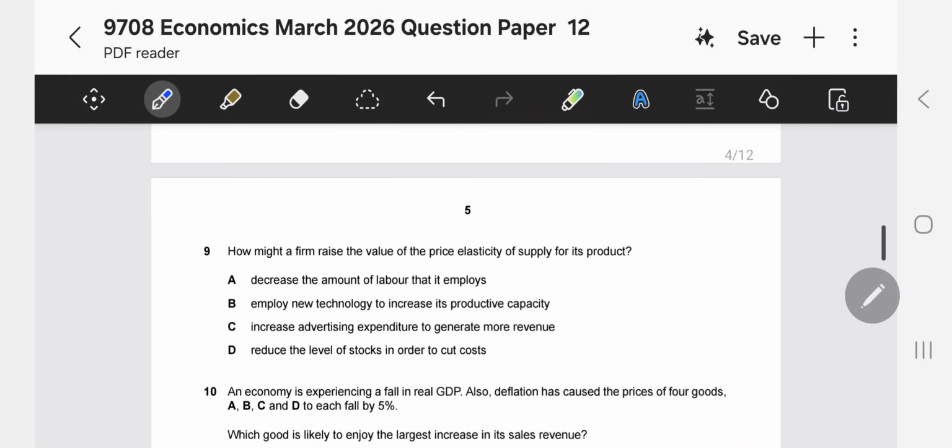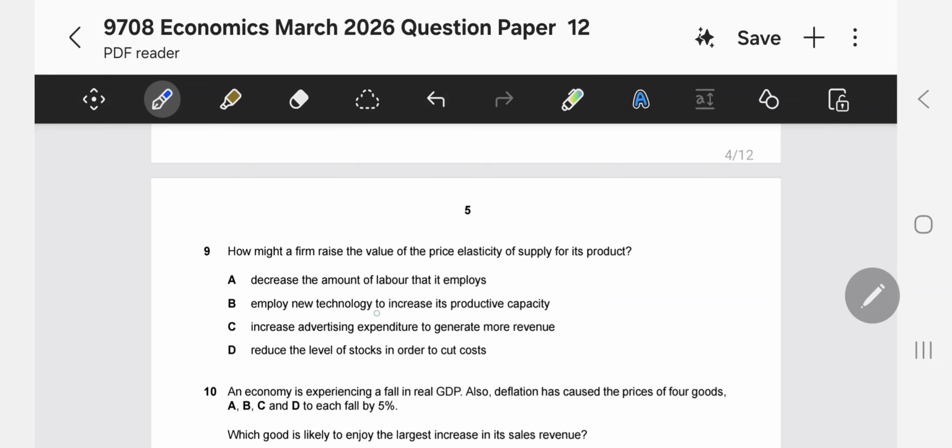Question 9. How might a firm raise the value of the price elasticity of supply of its product? Price elasticity of supply is affected by some things. We know that it's the responsiveness of quantity supplied to changes in price, so basically how easily producers can produce a product. It can be increased if there's spare capacity, and if goods are not perishable and can be stored.